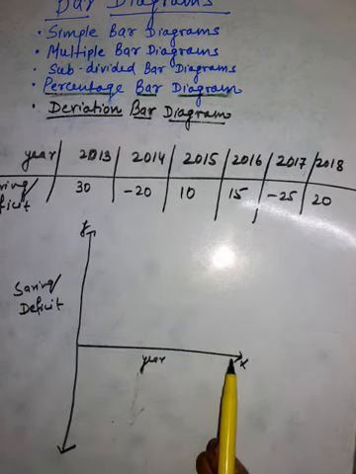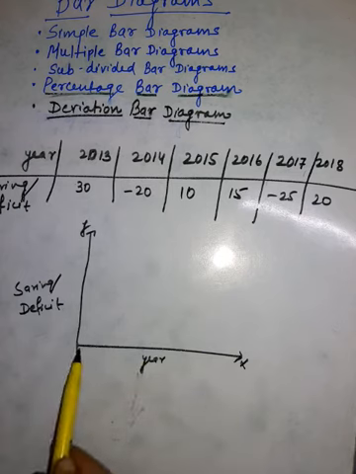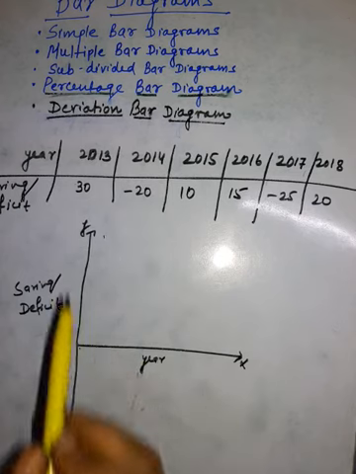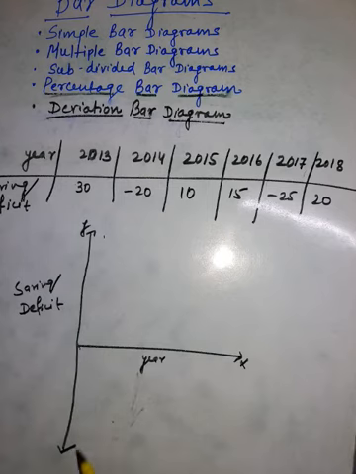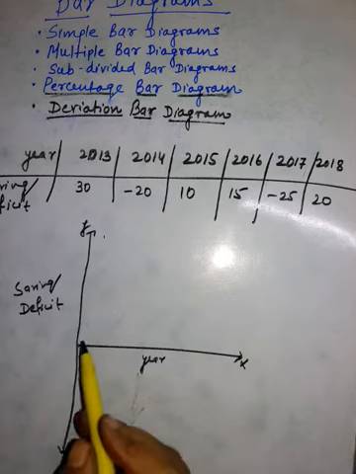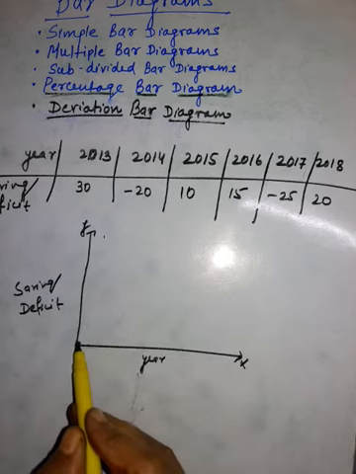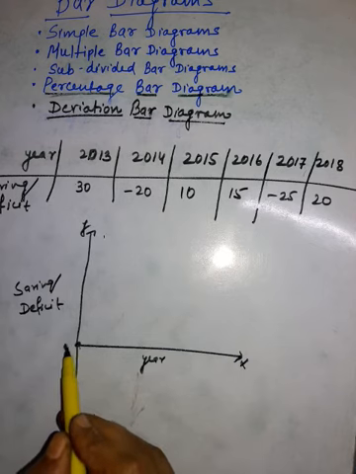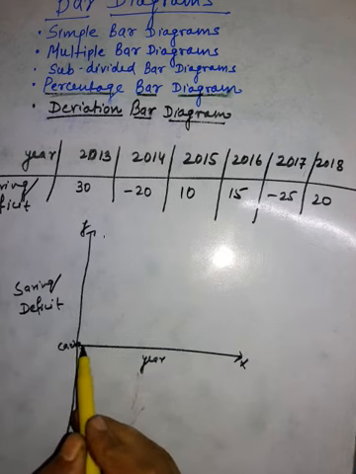Here is positive x-axis, here negative x-axis, here positive y-axis, and downward is negative y-axis. Okay, this is the origin where x and y meet. Here 0, 0, this origin is considered as the 0, 0.